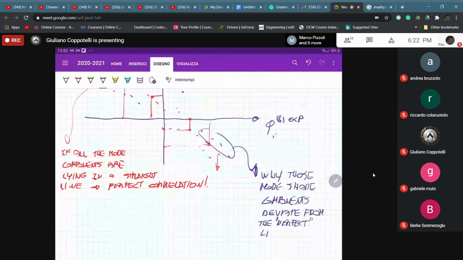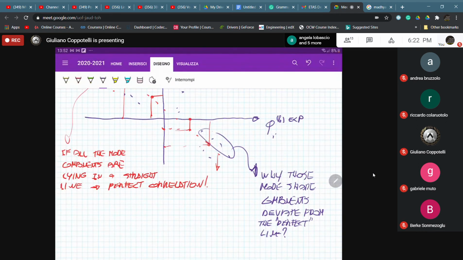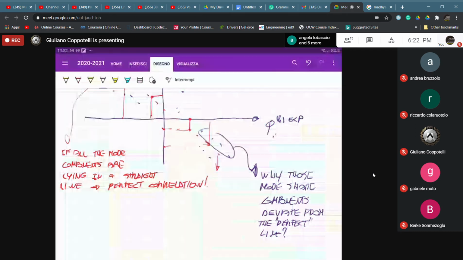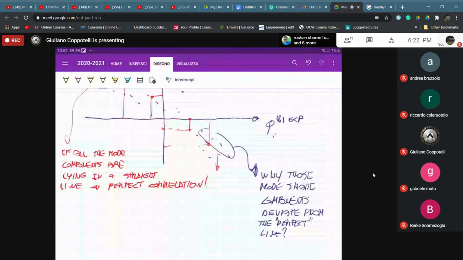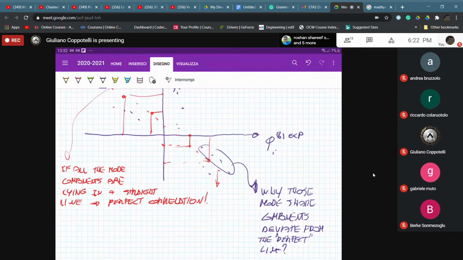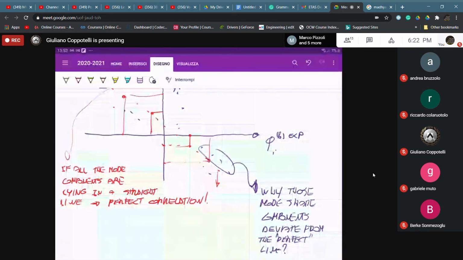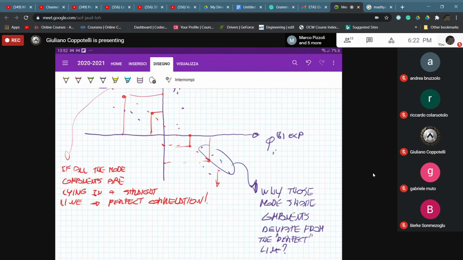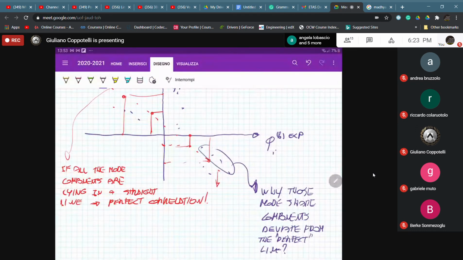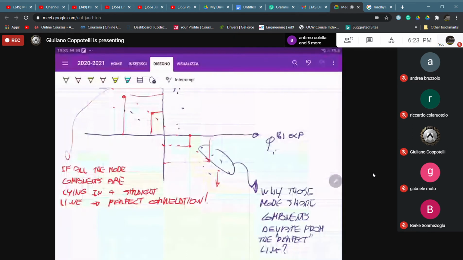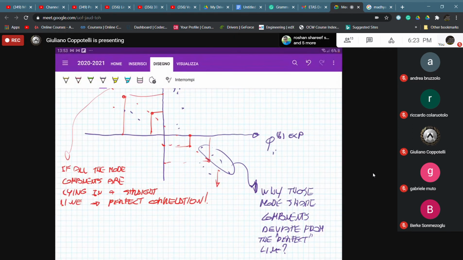So maybe there are some parts of the structure corresponding to those components that deviate from the perfect line and require additional analysis. Maybe locally there are some components that need a better definition of the mass and stiffness properties in terms of distributions and values. I don't know, but maybe there could be something that has to be considered. Okay, so that is how we can generally and preliminarily check the correlation between your numerical models and your experimental ones.